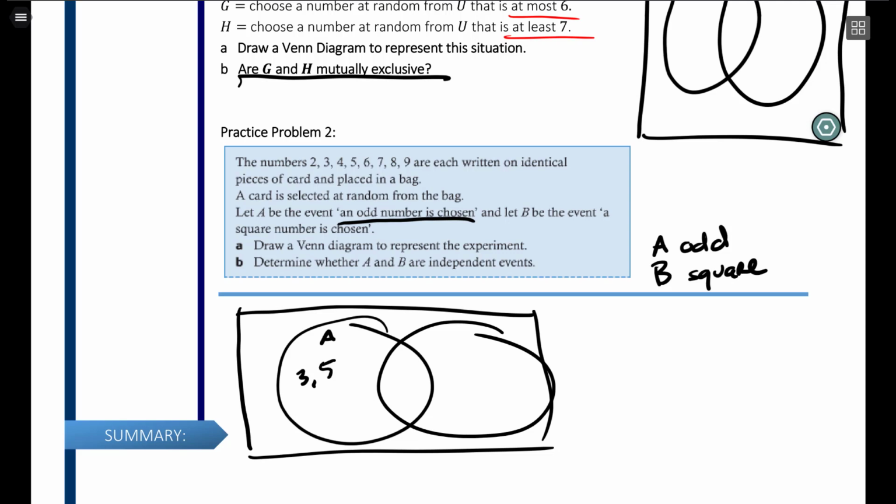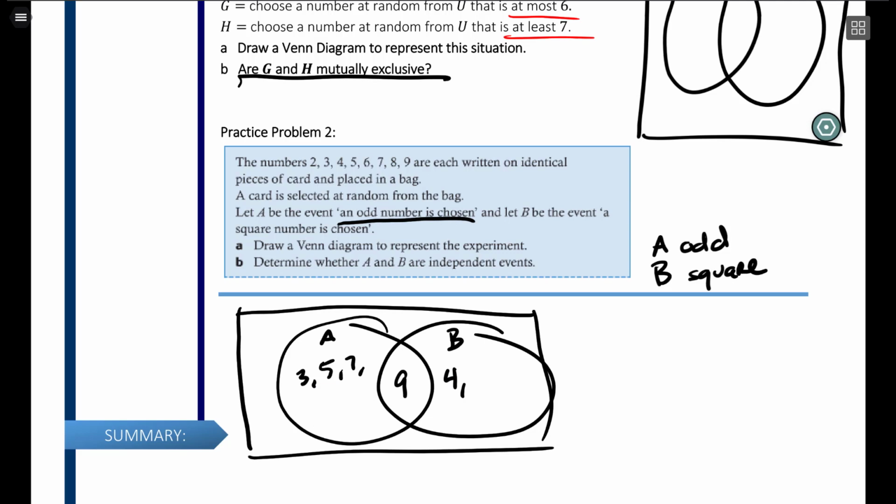So we had 3, 5, 7, and 9. In the event B, we had the numbers that were perfect squares. So what numbers are perfect squares? We had 4 is a perfect square, and 9 is a perfect square. Now here's where I said I might want to erase some things. Do I have any numbers that show up twice? And indeed in this case I do. So what does that tell me?